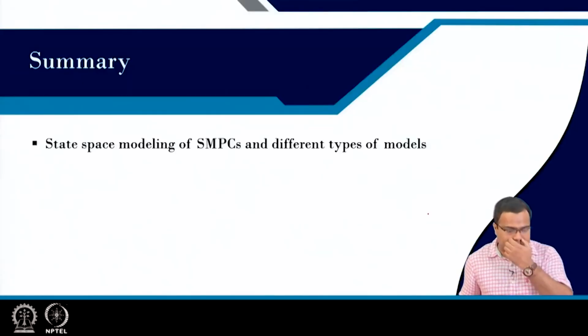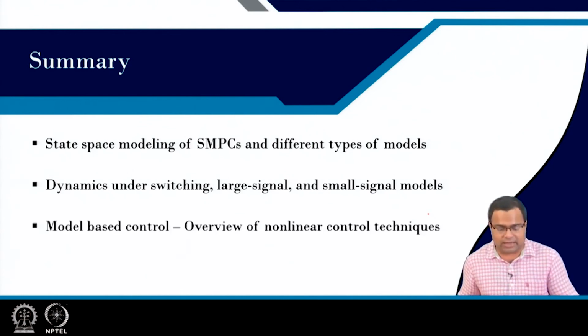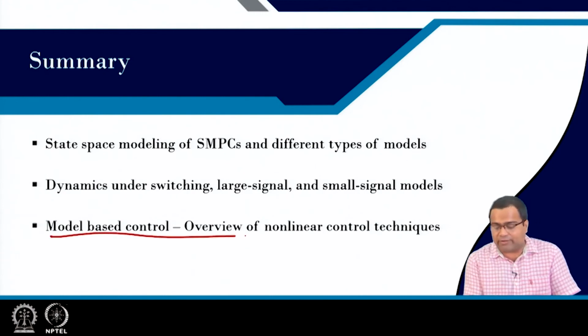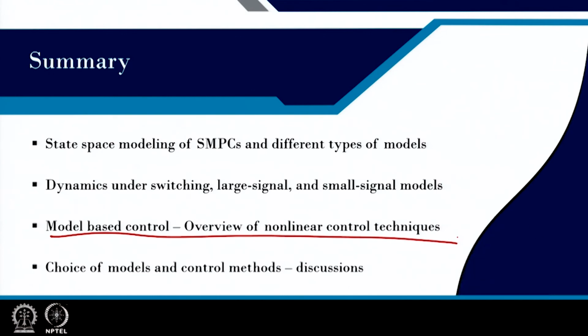So, with this I summarize state space modeling of switch mode power converters. We have discussed different types of models. We have discussed the dynamics under switching as well as the large signal and small signal models, and we have also given some overview of nonlinear control using different models, and we have also discussed that if we want to simplify our control, then we can start with the simplest linear parameter varying model, but we need to update the parameter, but still the design is based on small signal.